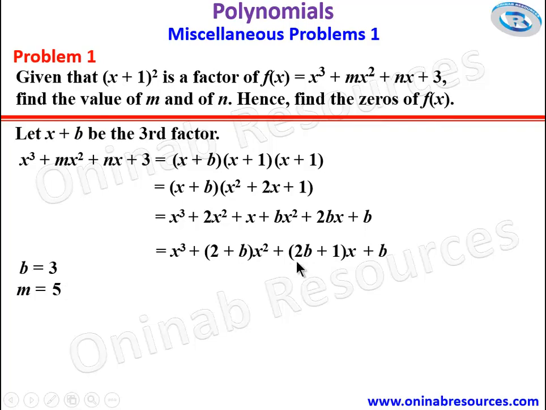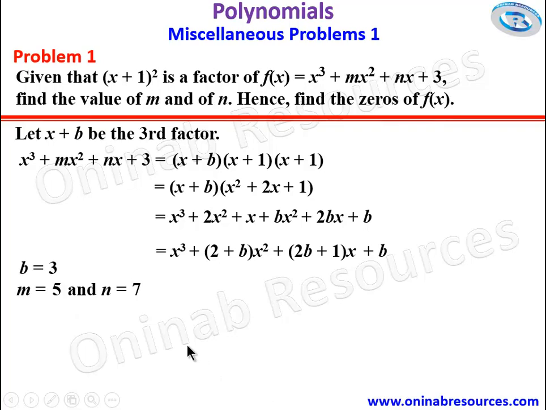And also 2b + 1 is the coefficient of x here, where n is the coefficient of x here, which gives n is equal to 2 times 3 gives 6, plus 1, 7. n is equal to 7.